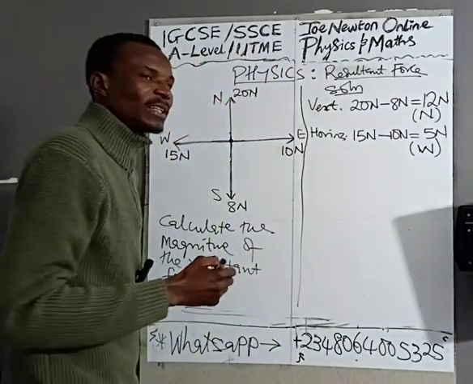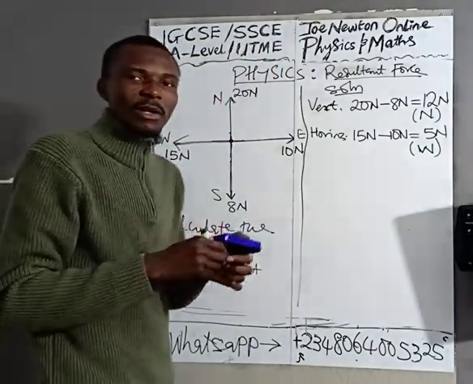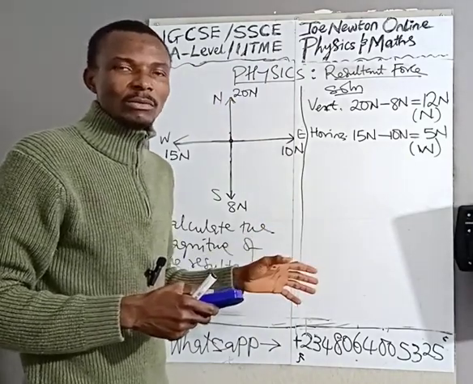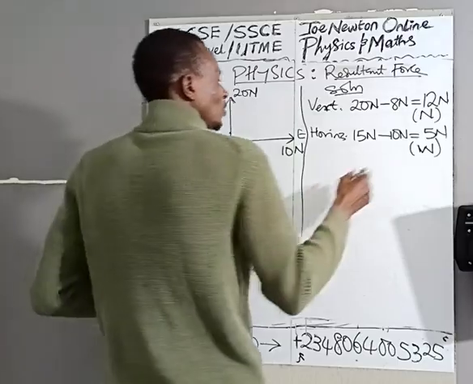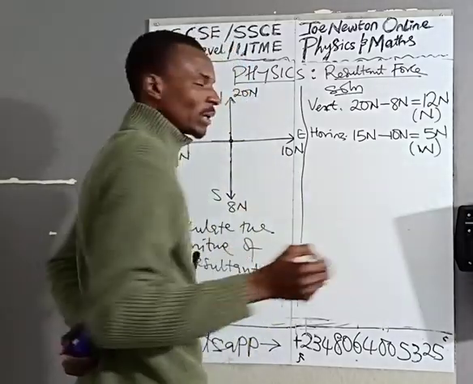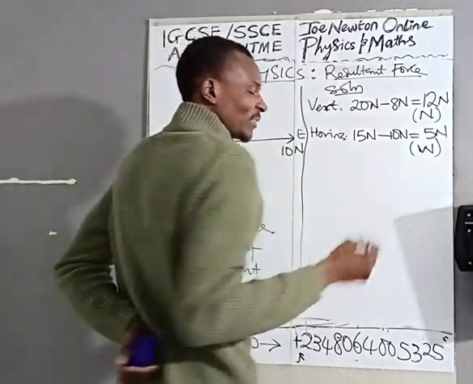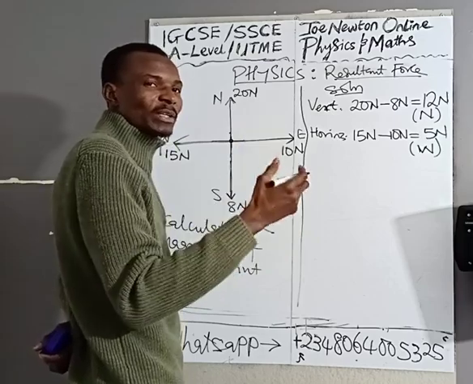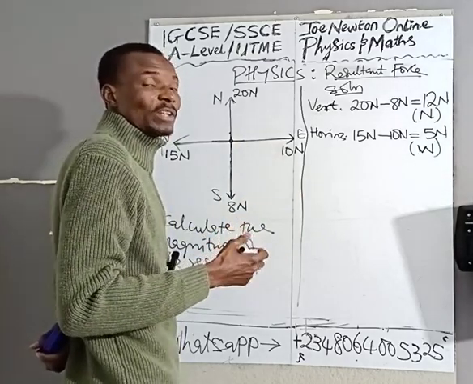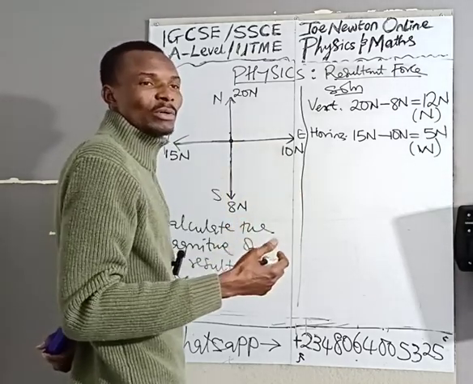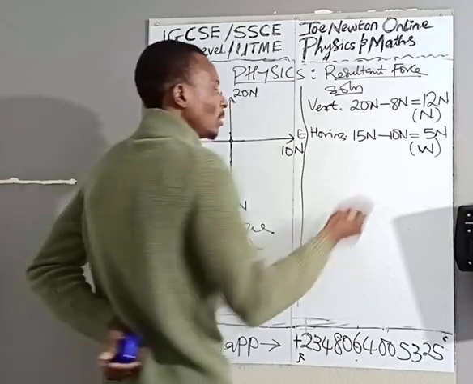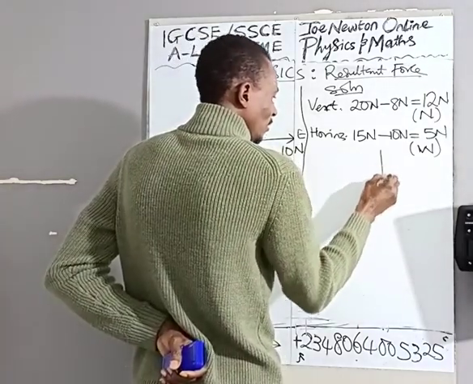So we can now represent the force using a triangle. In this we have the three sides of a triangle, the north vertical effective force and the west horizontal effective force, which eventually will lead you to a right angle triangle when you complete the three sides of the triangle.